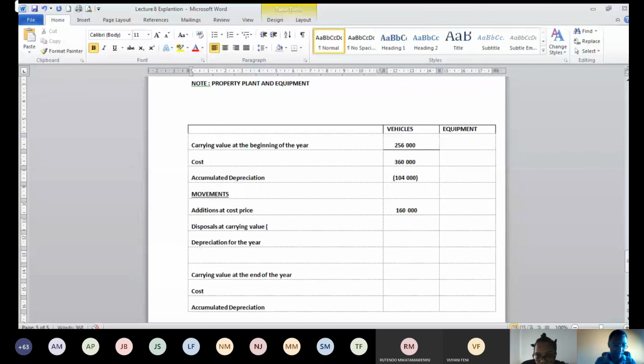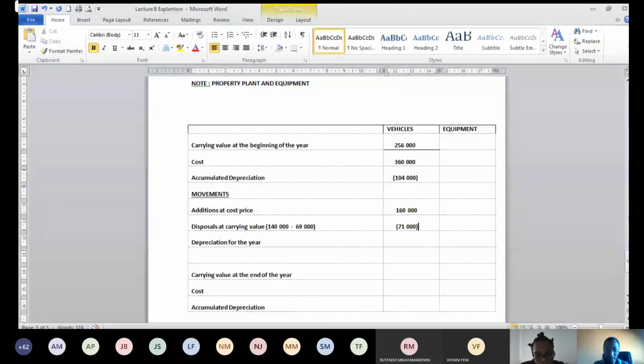You will recall that the asset that we sold had a cost price of 140,000 and accumulated depreciation of 69,000 Rand. So we sold an asset, and that asset had a carrying value of 71,000 Rand.